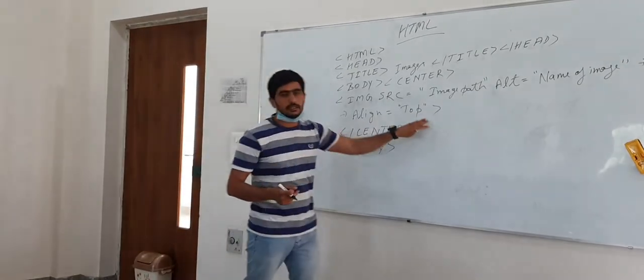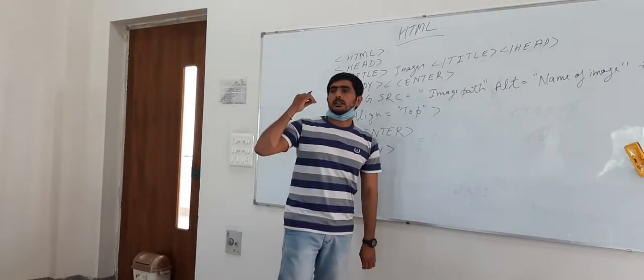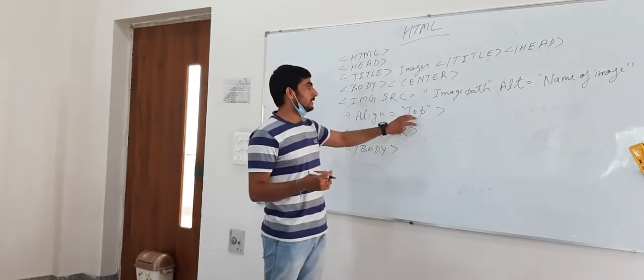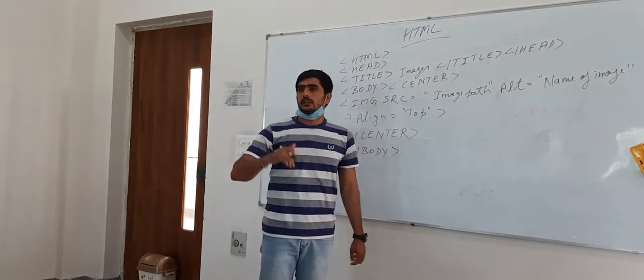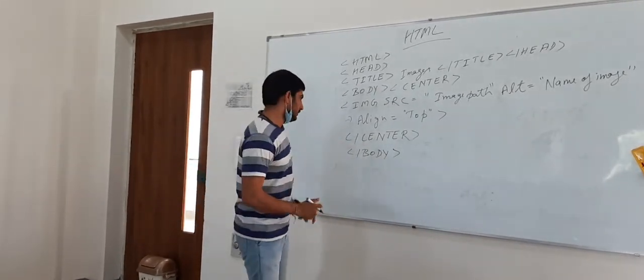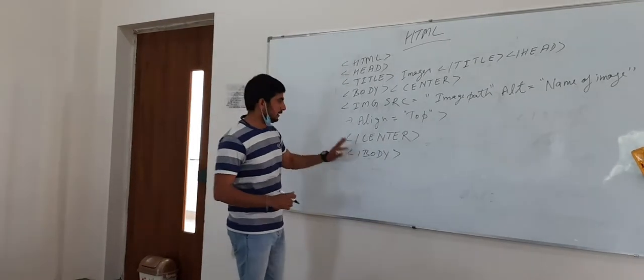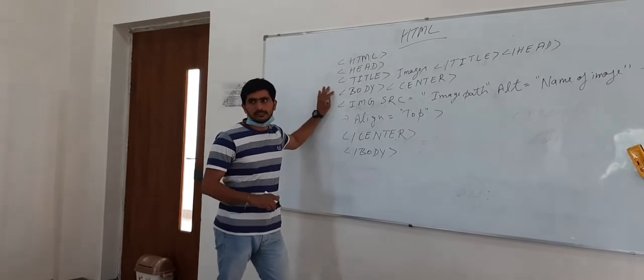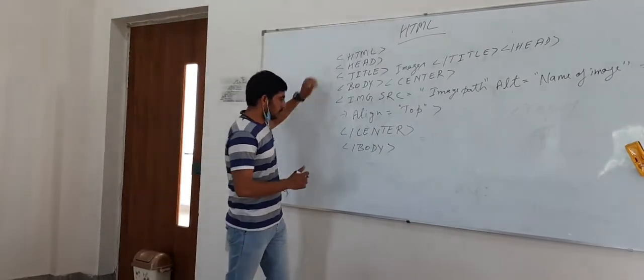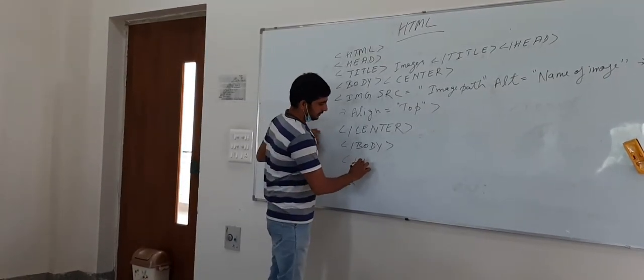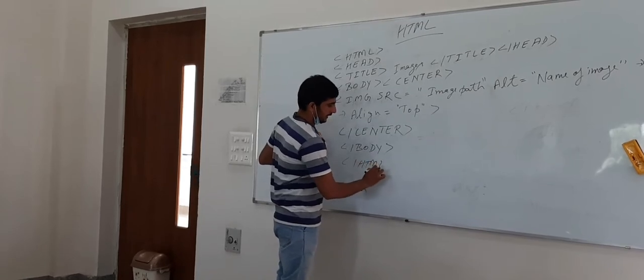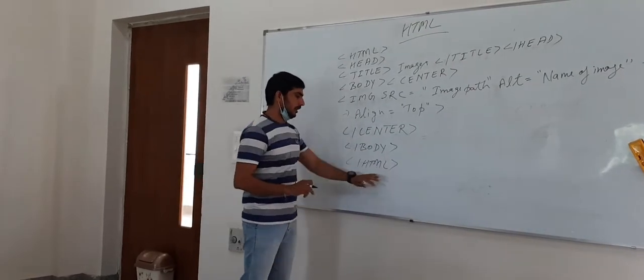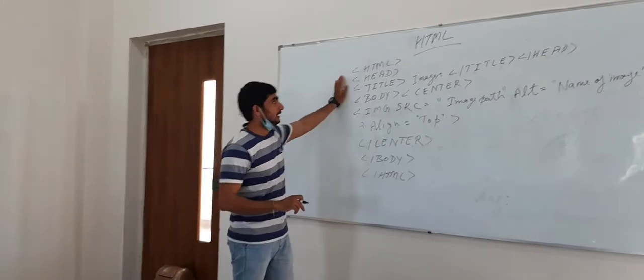If we write left, the image will start from the left side, or if we put bottom, the image will be at the bottom of the web page. Here we have closed the center and the body because our message is complete. Now we will close the HTML. The program has been completed.